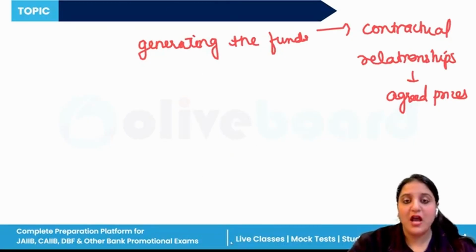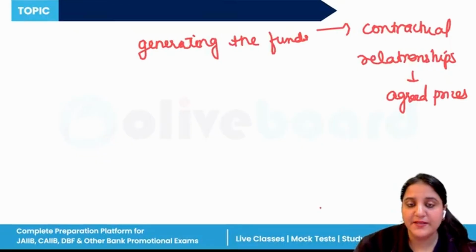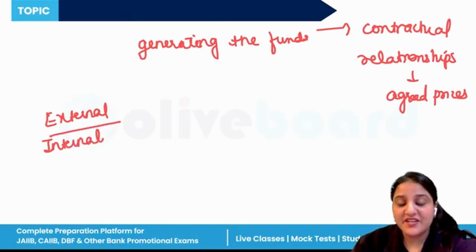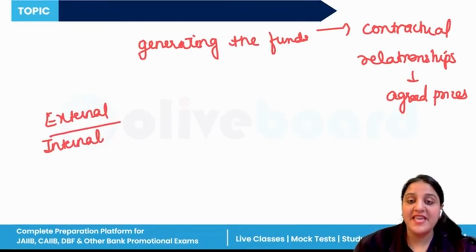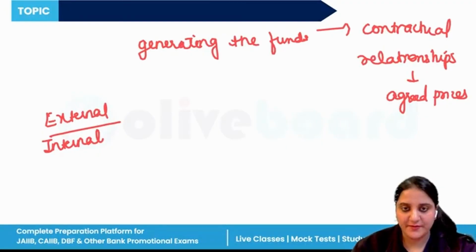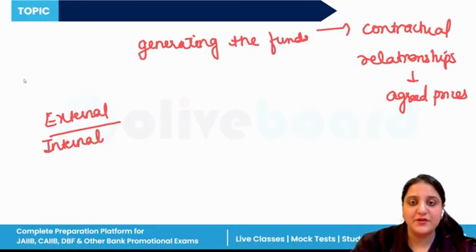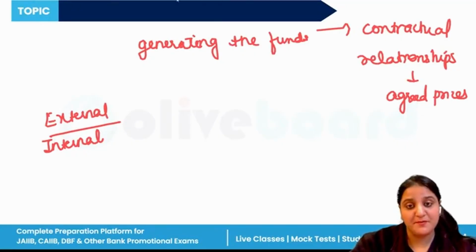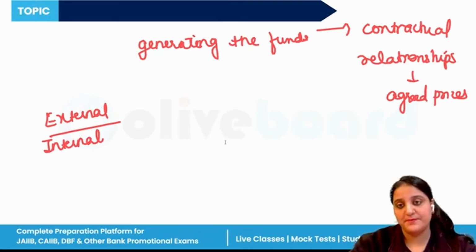So, how many types of liquidity risk are there? External liquidity risk and internal liquidity risk. External liquidity risk can be geographic, system, or instrument specific, whereas internal liquidity risk relates to the institution's own perception.